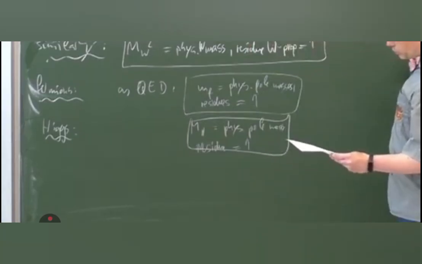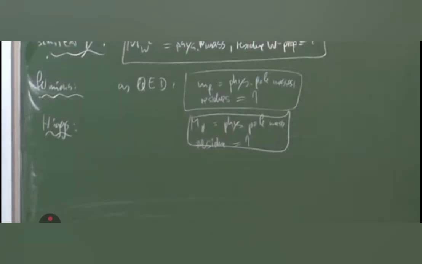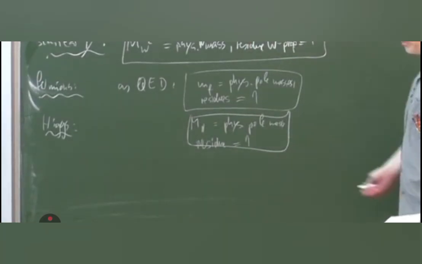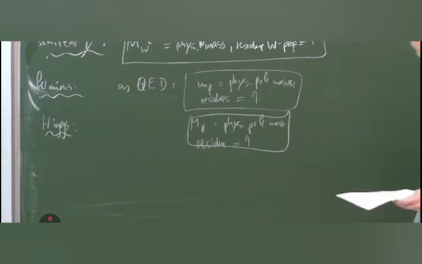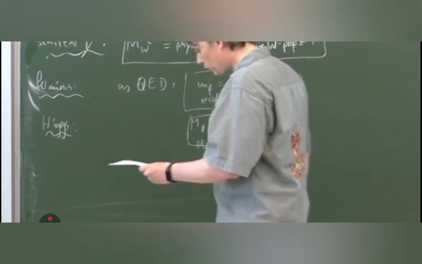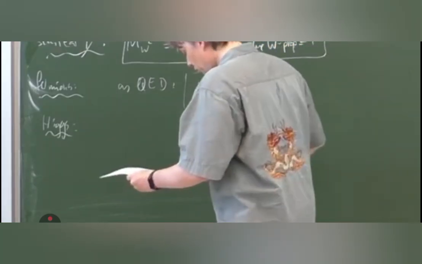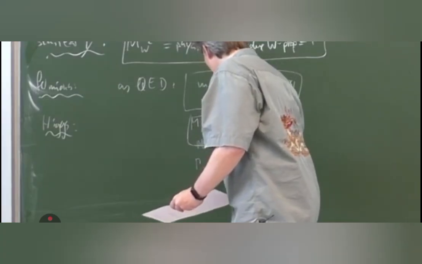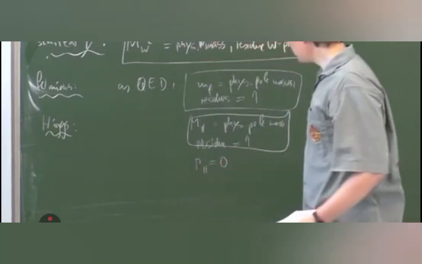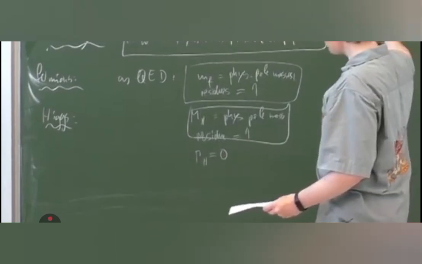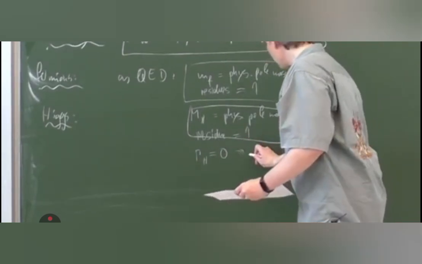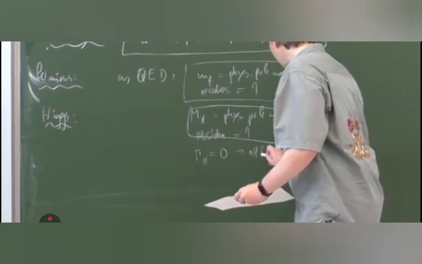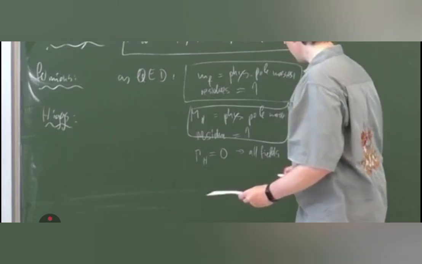So we can say in all cases that the field operators correspond directly to the particles in the obvious way, just like at tree level. Furthermore, in the case of the Higgs, since we have this tadpole condition that the one-point function vanishes, that means that all the fields are expanded around the true vacuum.